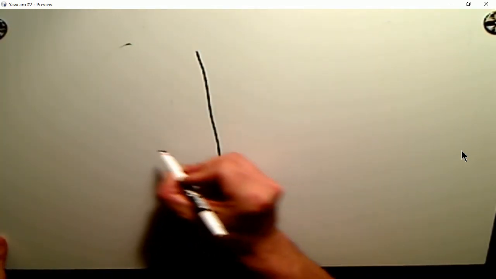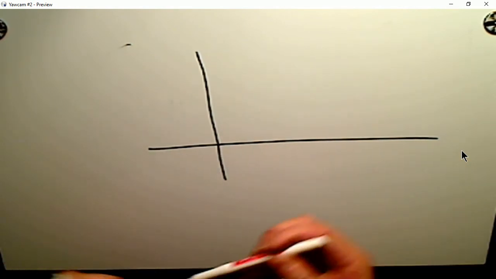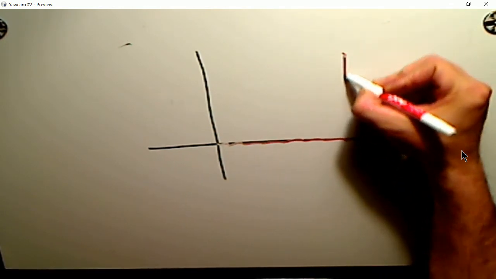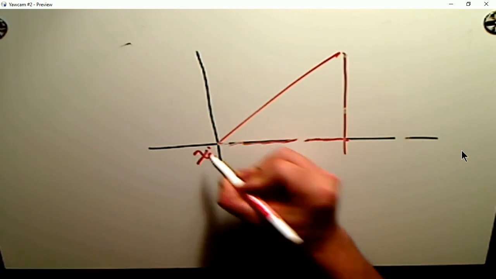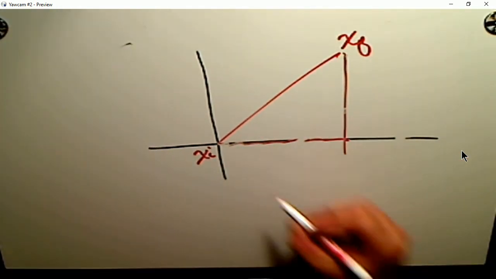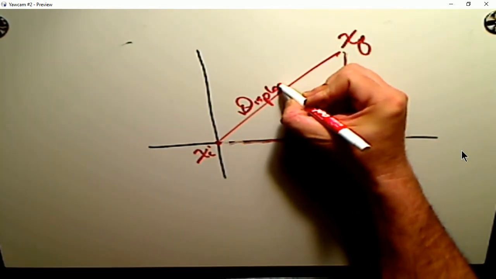If we go back to that previous example where I may have walked this distance over here, then walked up here, this is my initial position, this is my final position, and as I said before, this is the displacement in between.